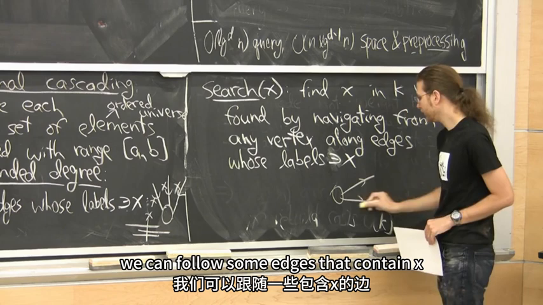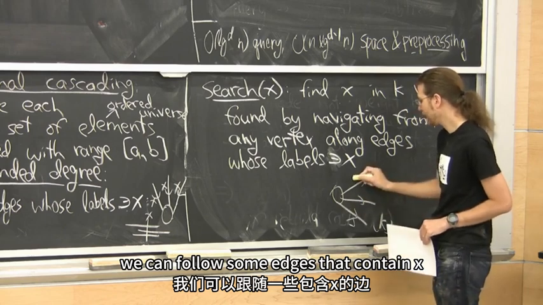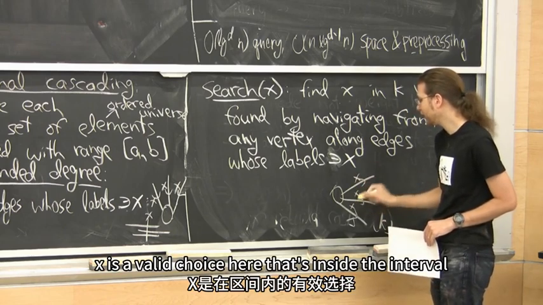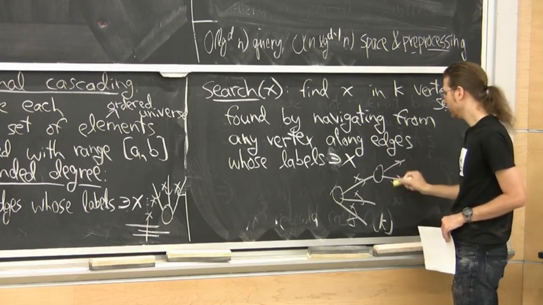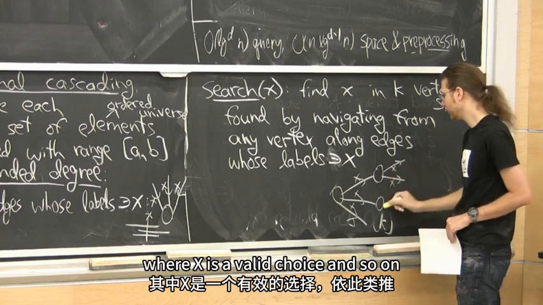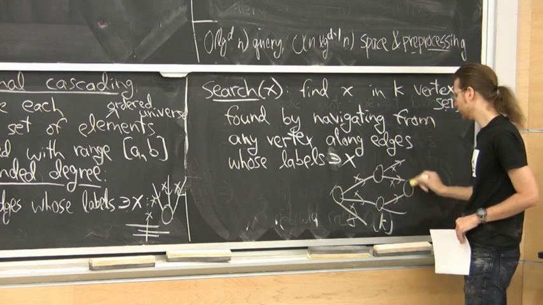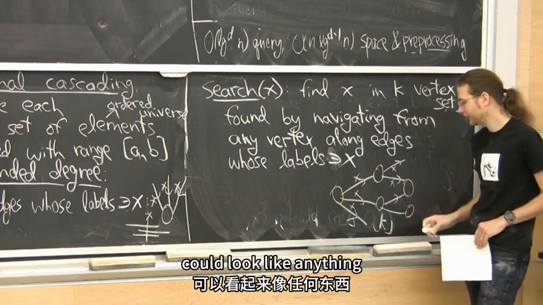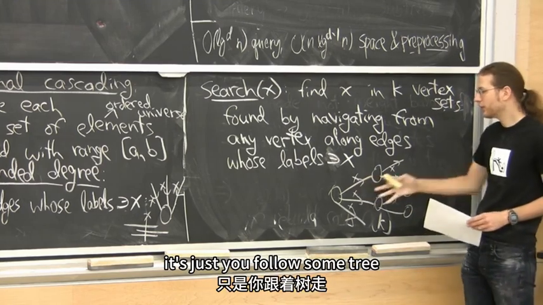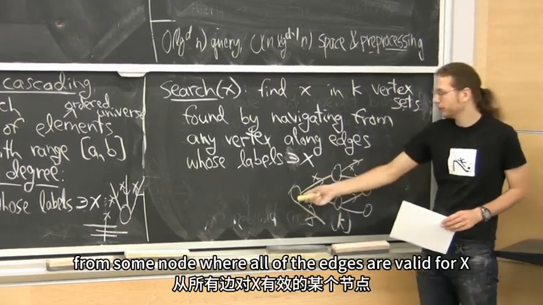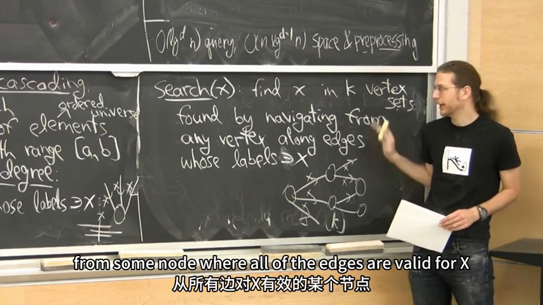We can follow some edges that contain x. X is a valid choice here, inside the interval. Then from here, maybe we follow some more where x is a valid choice, and so on. It could look like anything. It doesn't have to be depth first or breadth first. You just follow some tree from some node where all of the edges are valid for x.